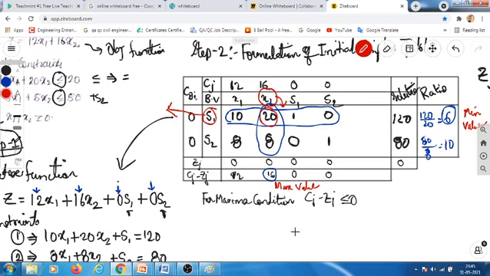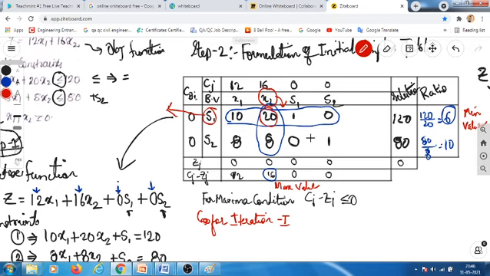Since the above Cj minus Zj values are not all less than or equal to 0, what we need to do? We need to go for iteration 1. We need to perform iteration 1 of the above table. The meaning of iteration is nothing but repeating.